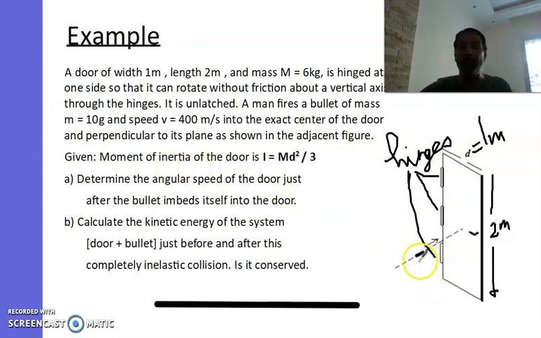Now we have here a bullet, mass 10 gram, and speed 400 meter per second, hitting the exact center of the door. Determine the angular speed of the door just after the bullet embeds itself in the door.